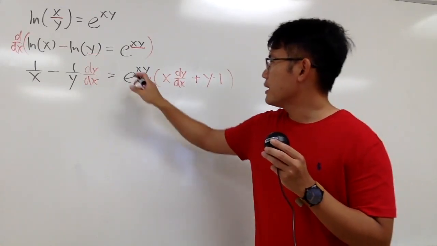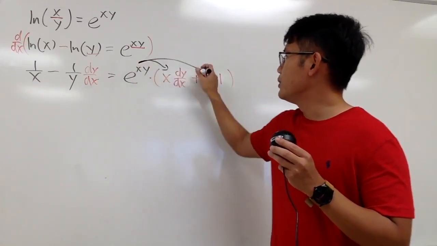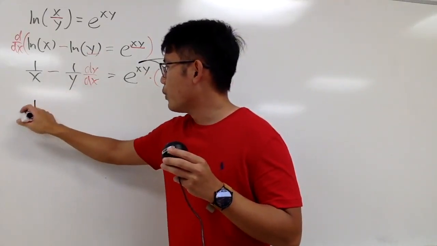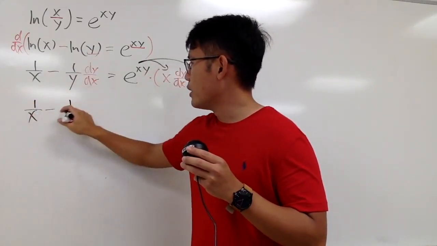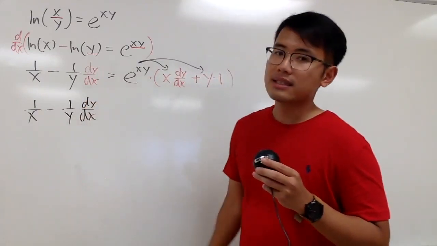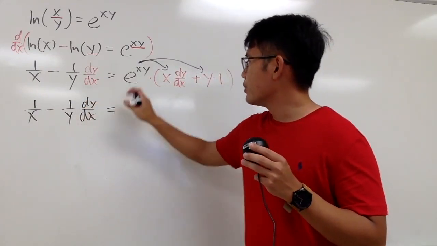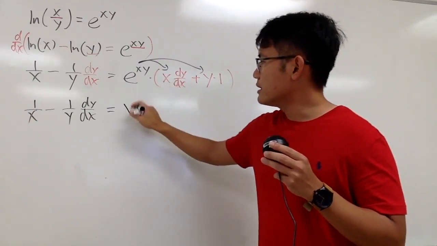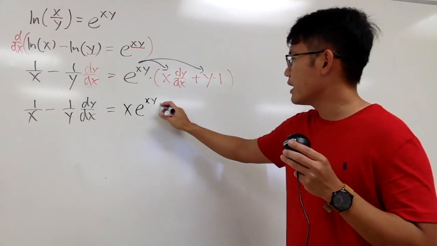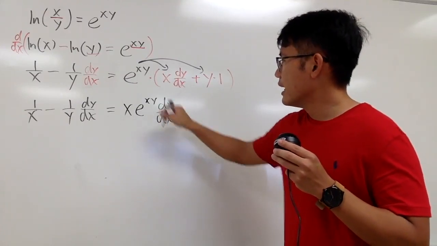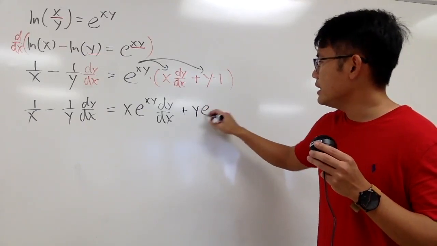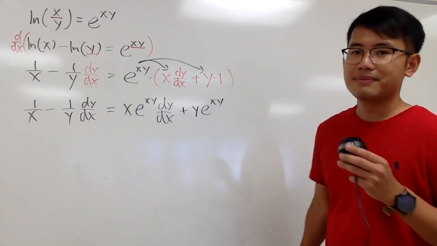And the usual deal is we will collect the terms that have dy/dx on one side first, and then just isolate that from there. Before we do anything, let's go ahead and distribute the e to the xy into here. So let's see, here we will have 1 over x minus 1 over y times dy/dx. And this is going to be x times e to the xy times dy/dx. And then we have this times that, which is just plus y times e to the xy, like this.